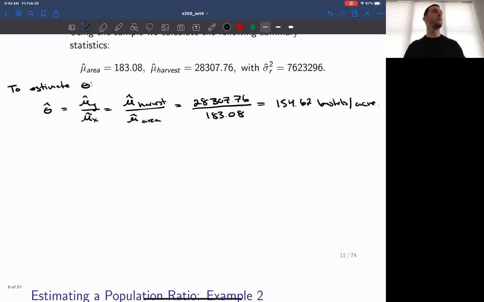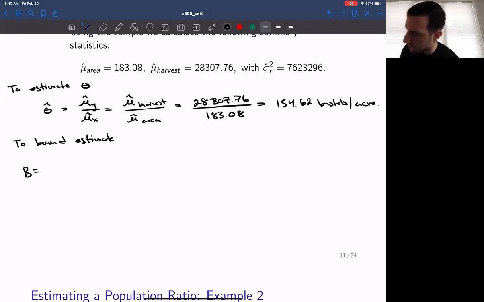All right, so the next thing we can do, as per usual, is bound our estimate. This will be done in the normal way. To bound the estimate, we have capital B equal to 1.96, so we'll use a 95% confidence interval, multiplied by the standard error of theta hat.